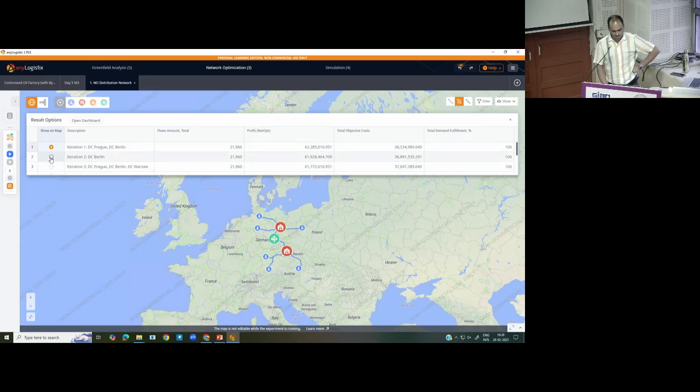Suppose if you want to consider only DC Berlin, look at this one. Can you see this one? When you select only one DC, your profit is 61 million. But suppose if you want to select the 3 DCs, DC Prague, Berlin and DC Warsaw, 61 point. Let me tell you in which case you go with the third solution, and in which case you go with the first solution.